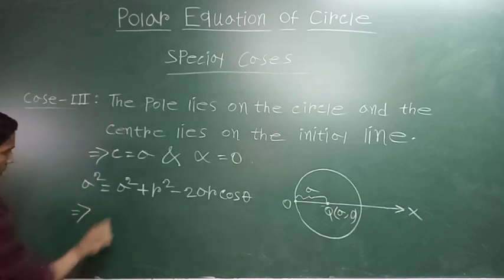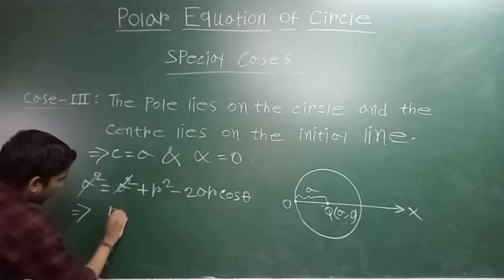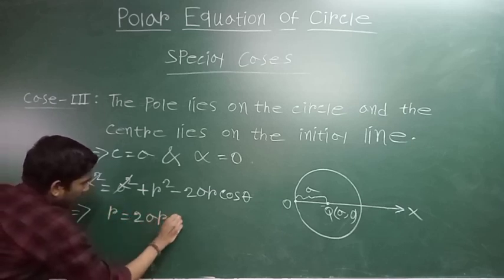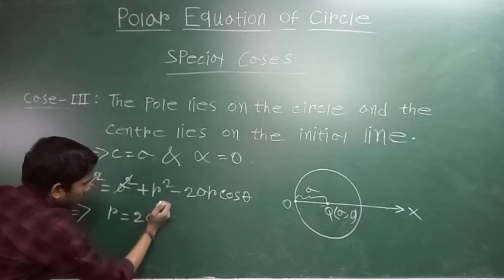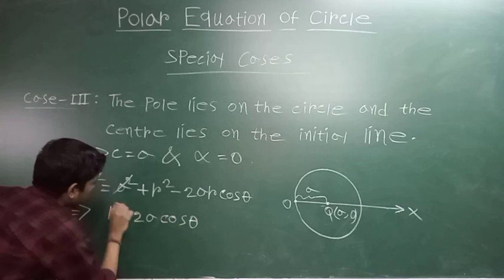If we cancel out A squares from both sides, we get r is equal to 2a cos theta.